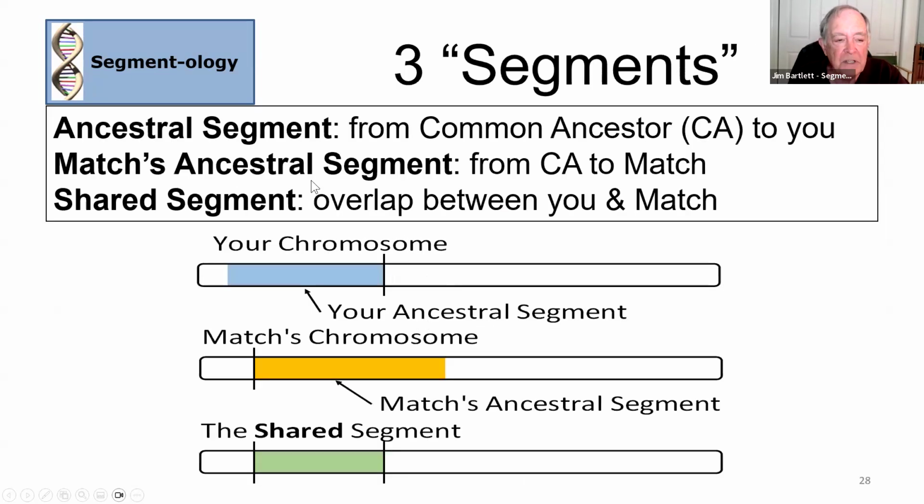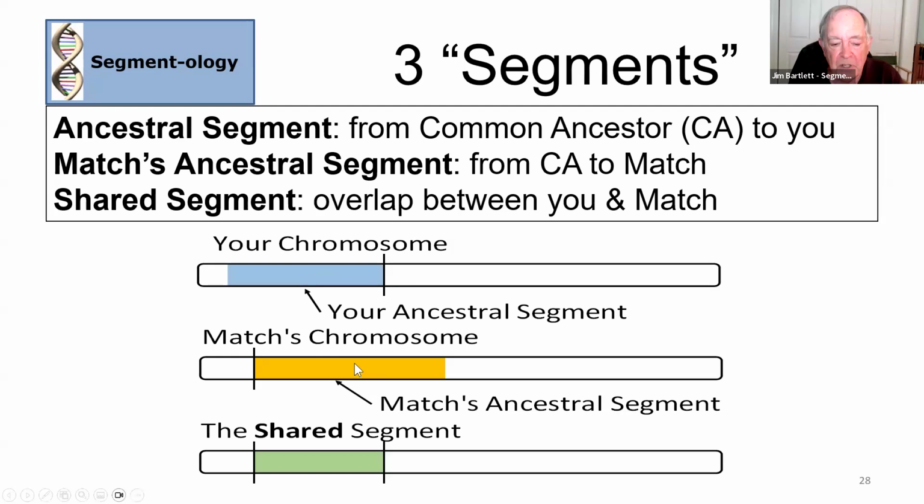So here's an example of that, the ancestral segment that you got from a common ancestor. And this is the match's segment that they got from the same ancestor. And it would be absolutely phenomenally impossible for you and your match, who comes down through a different child through random DNA, to get exactly the same segment that you got.